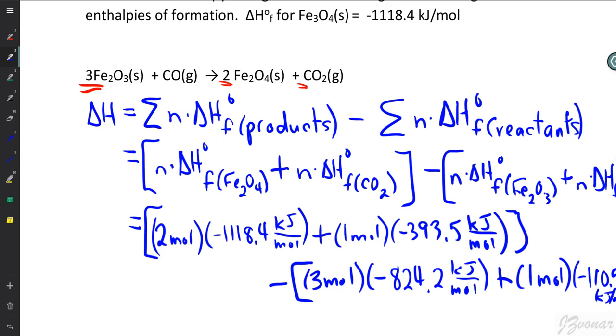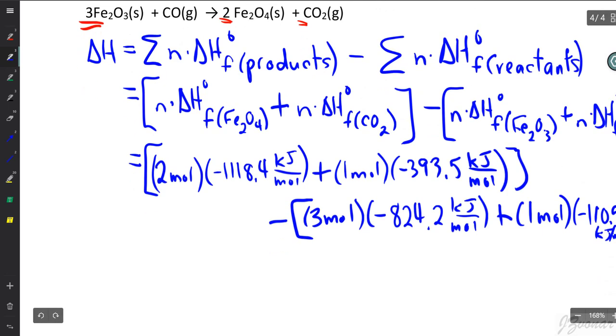All right, so now the tricky part is making sure that I do all of my arithmetic correctly. So I do my first square bracket, multiplying 2 times negative and so forth, negative 1,118 minus the negative 393.5, and I get an answer of negative 2,630.3 kilojoules. Noticing that my moles cancel out in all of these.